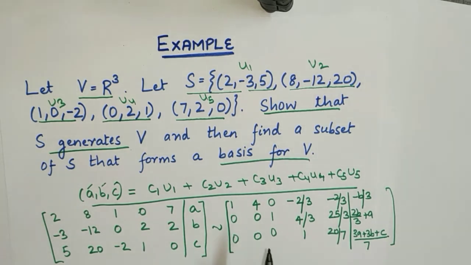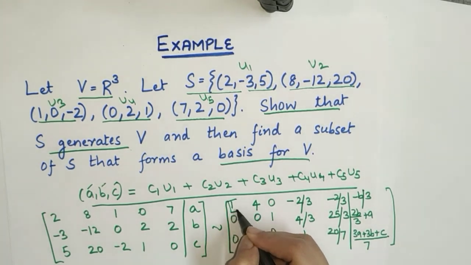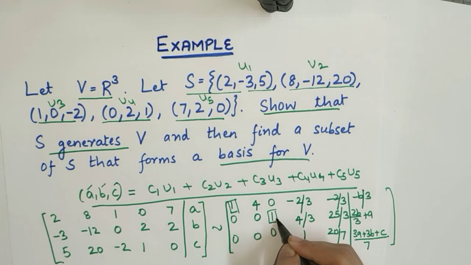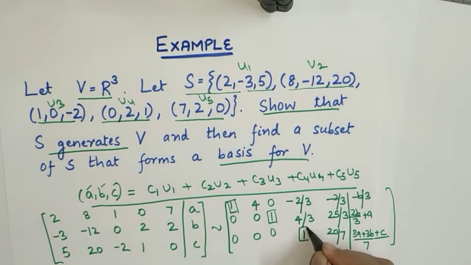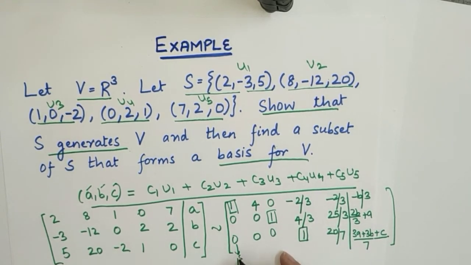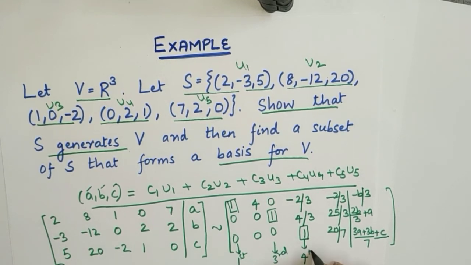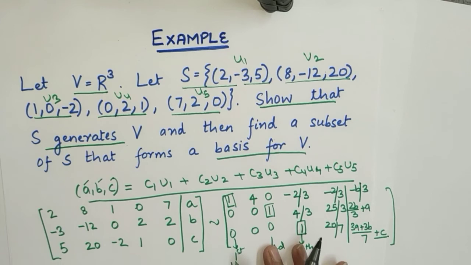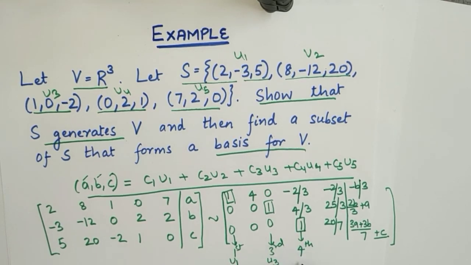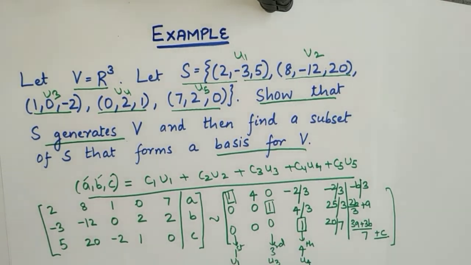Now that can be done directly from this augmented matrix. If we take a look at this augmented matrix, we see that the pivots are in the first, third and fourth column. So accordingly, this means that the vectors U1, U3 and U4 are linearly independent.